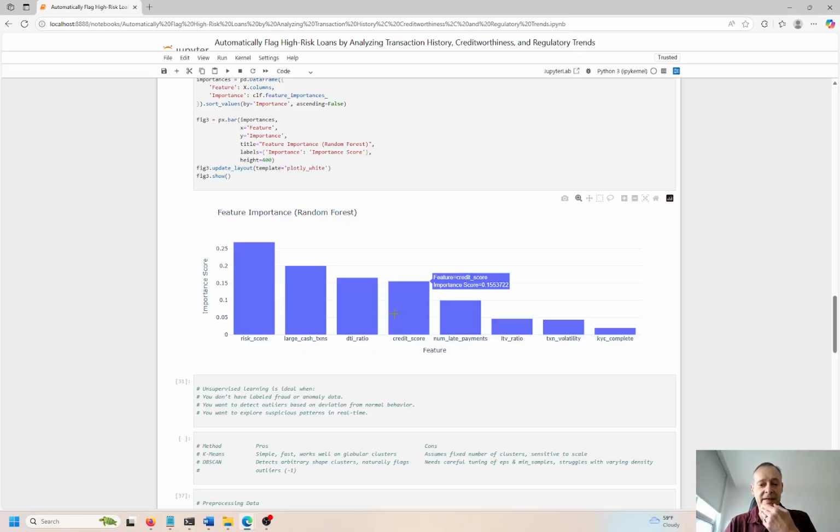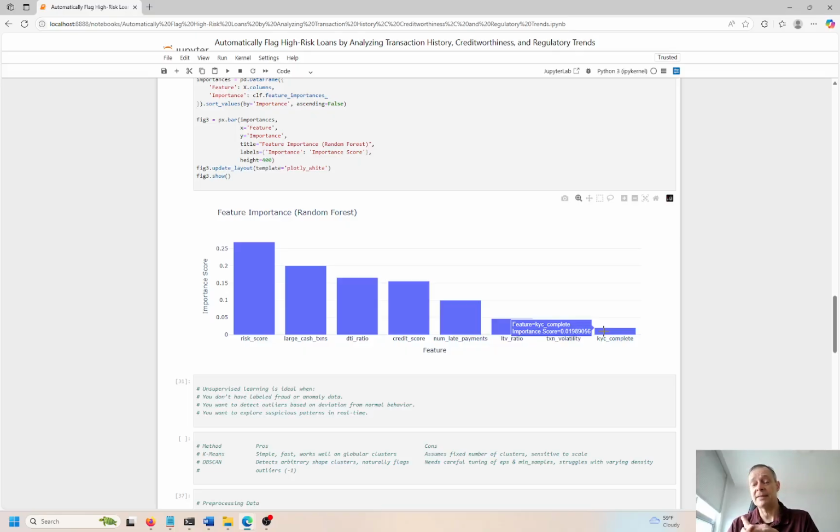Credit score, that definitely has an impact. Number of late payments, totally makes sense, right? Loan to value ratio, transaction volatility, and know your customer, complete. So know your customer is like, how well do you know this individual that you're lending to? Have you done business with them before? Does the person live in a country that we probably shouldn't do business with?